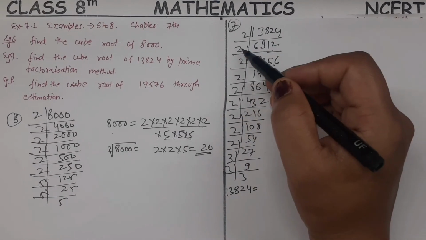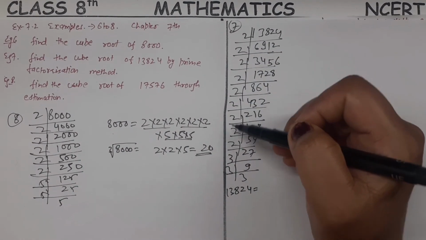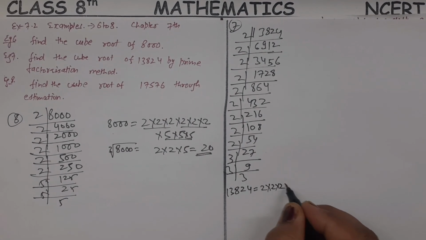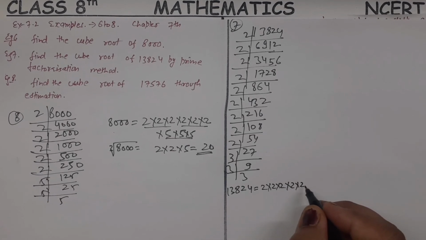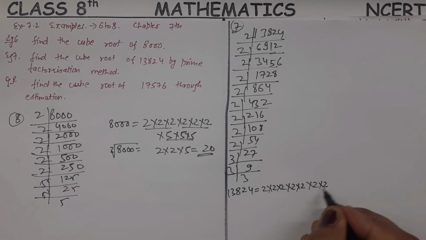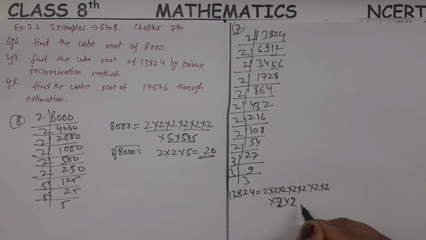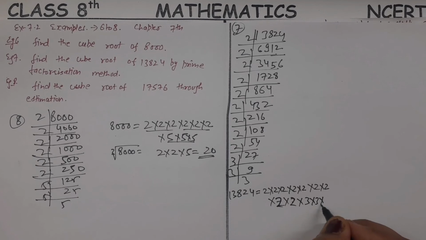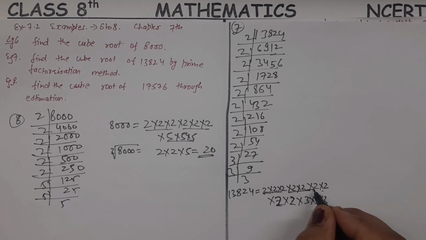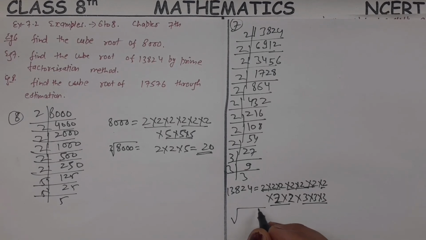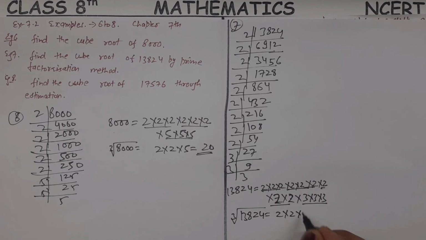Now count 1, 2, 3, 4, 5, 6, 7, 8, 9. 9 times 2, 3 times 3, triplet. Symbol of cube root. We have 24 as the answer.